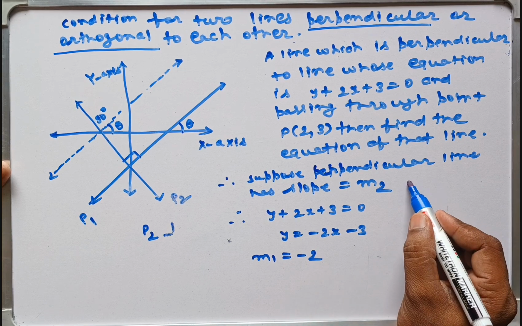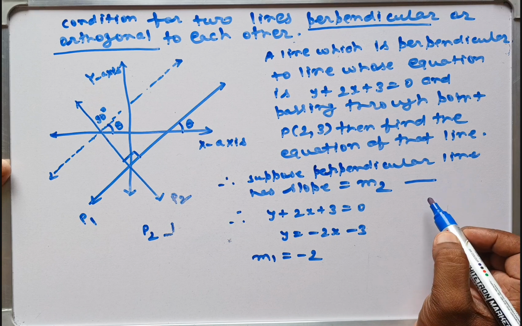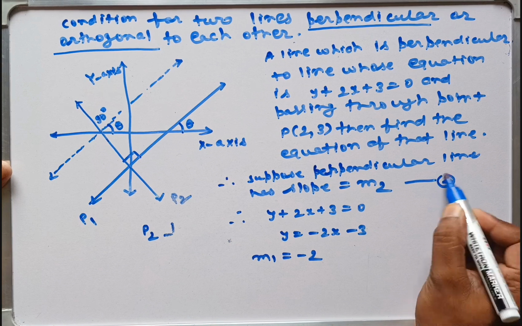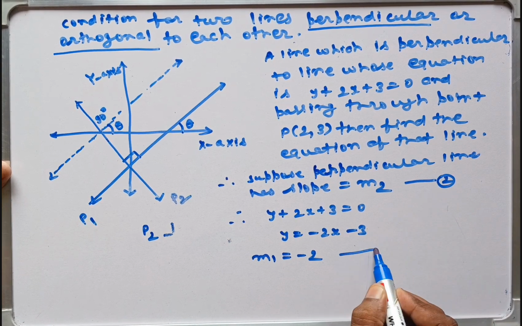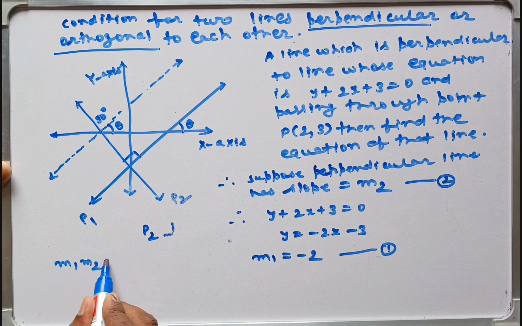This one is line 1 and the perpendicular one is line 2. What you know guys, if two lines are perpendicular to each other, then their product of slopes must be minus 1.